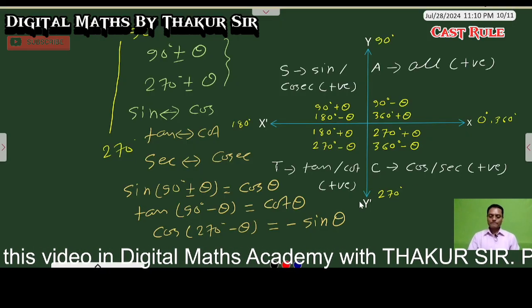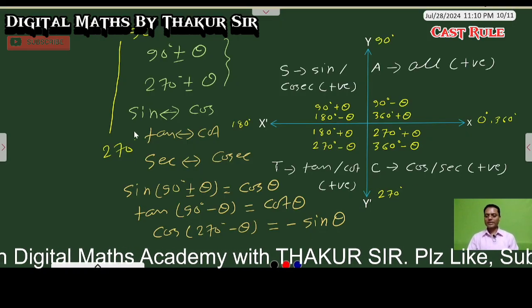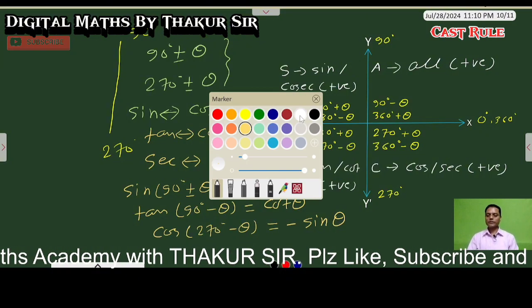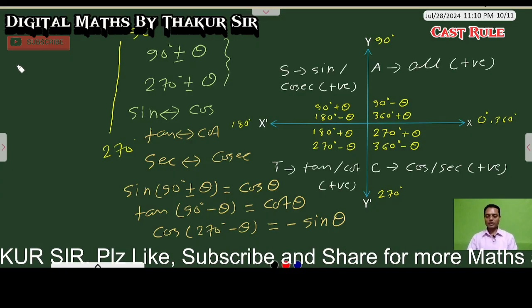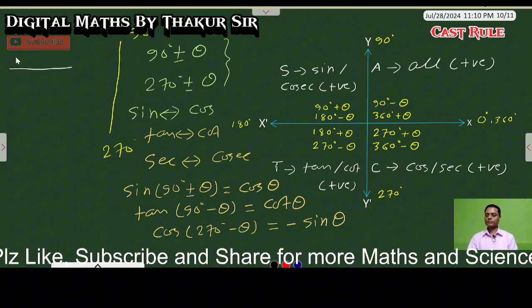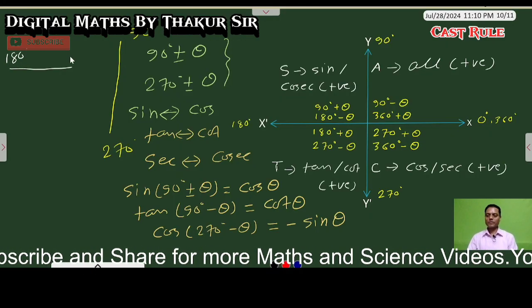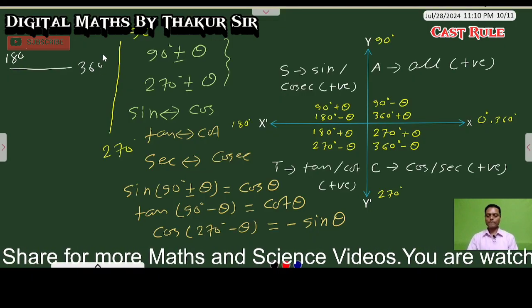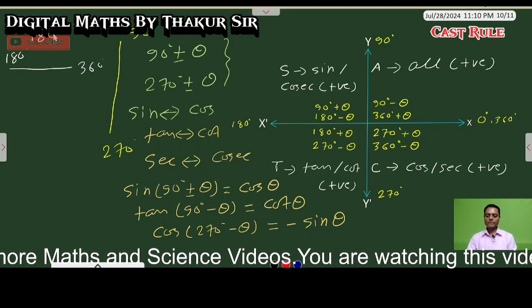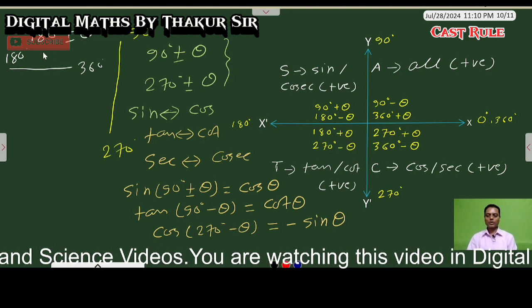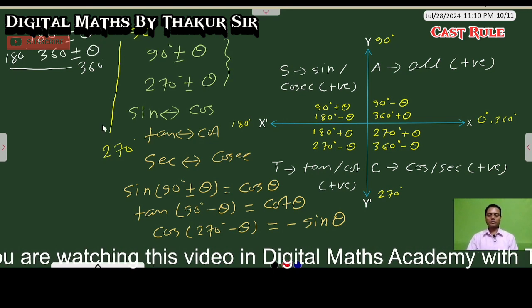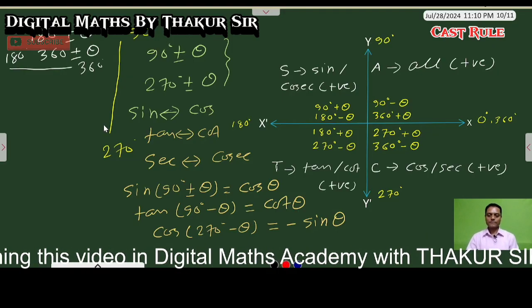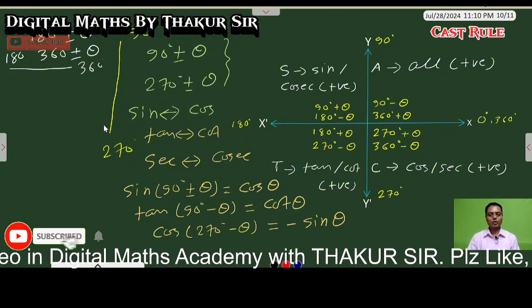The next one is the horizontal line, that is 180 degree, and here is 360 degree. So under 180 degree plus or minus theta, or 360 degree plus or minus theta, trigonometric ratios do not change.